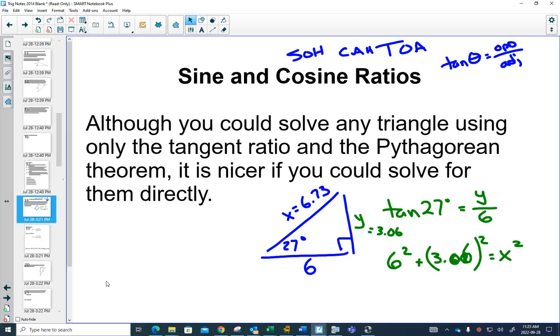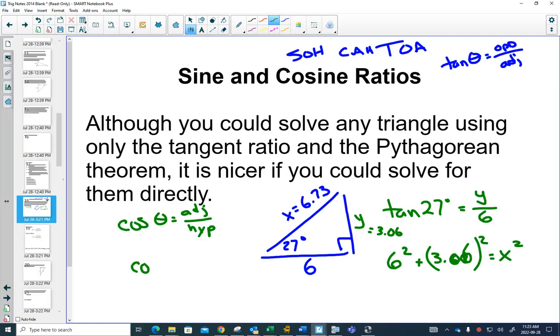Adjacent and hypotenuse. So if that's true, that would mean cos of an angle is the adjacent side over the hypotenuse. Can you see in our question, we knew 27, we knew the 6, and we wanted to find the hypotenuse.